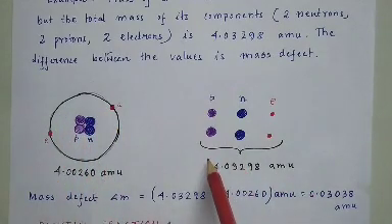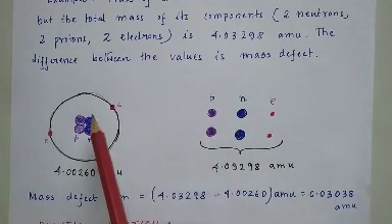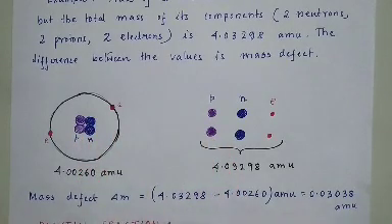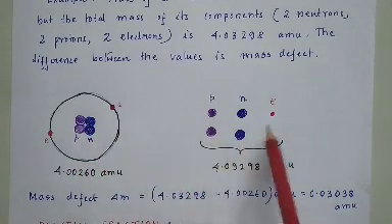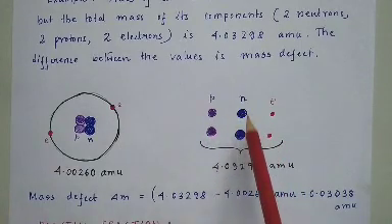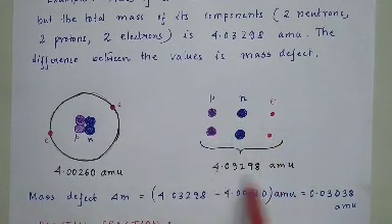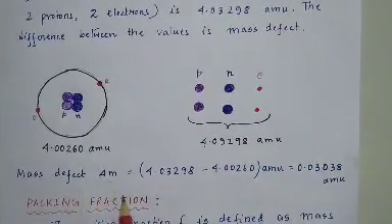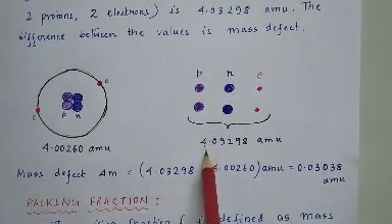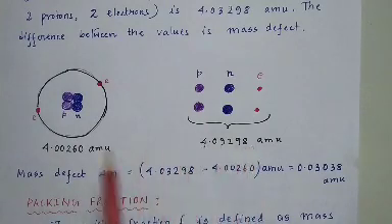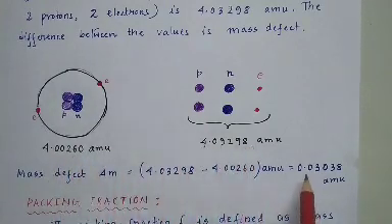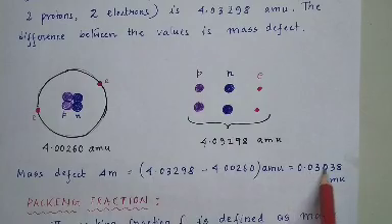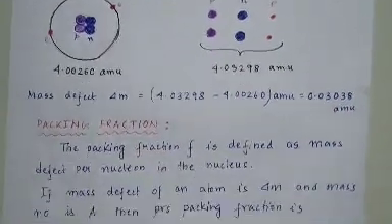But if we consider the mass of its component elementary particles separately, and add them, mass of 2 protons, 2 neutrons and 2 electrons separately, we will get this value. So what will be the mass defect delta M? It is this value minus this value, which is 0.03038 AMU.